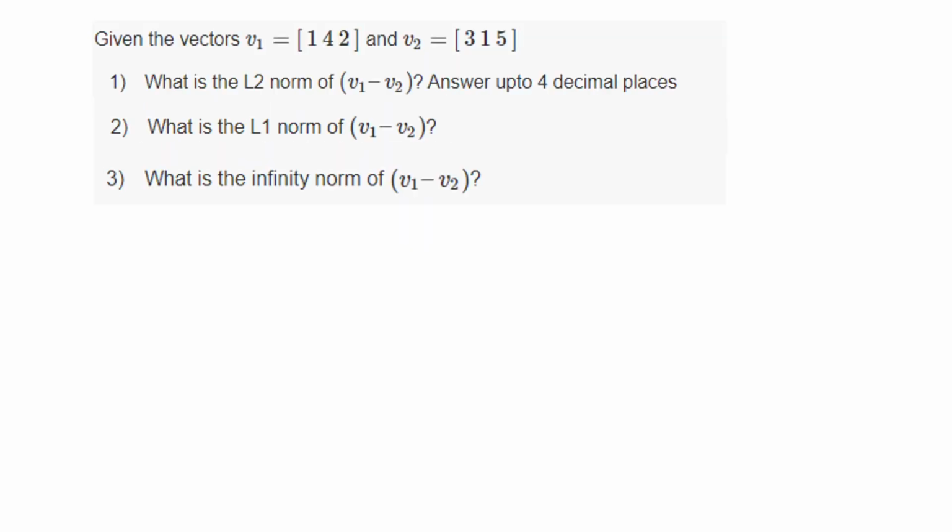Okay, moving on. So this is the last question. These are three calculations. Just do it and put it in the chat, or tell it if you want. So these are three elements of the vector, 1, 4, and 2. This is not 142, just to be clear.